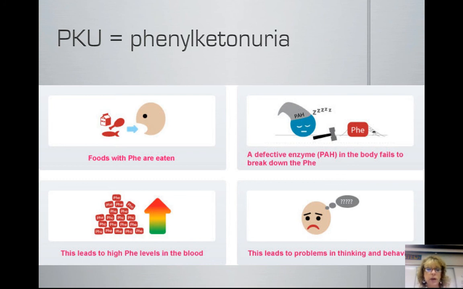Newborns are tested in the hospital when they're born. Their urine is tested for this disorder, and if it shows up, the child basically is put on a vegan diet with no animal proteins for the rest of their lives. So they don't consume phenylalanine, and the genetic disorder doesn't express itself. If they did consume phenylalanine, they would die very shortly.